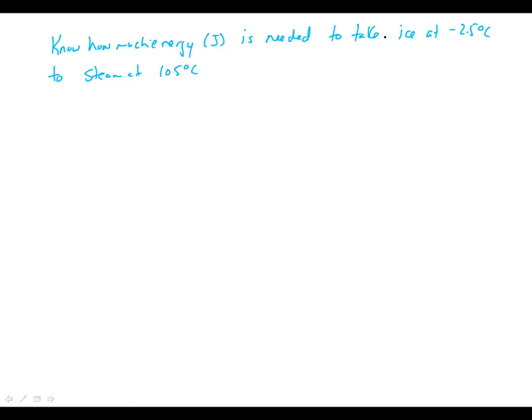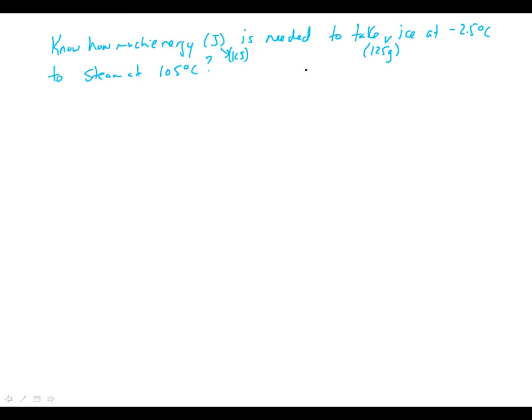We'll do 125 grams of ice at minus 2.5 degrees Celsius to steam at 105 degrees Celsius. So joules, and maybe we'll do kilojoules. All right, so why don't you give that a try? Take a few minutes here, 5 minutes or so, to work through that. Then we'll go through it so you can see how this calculation works.